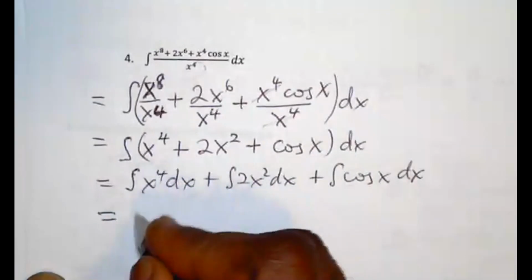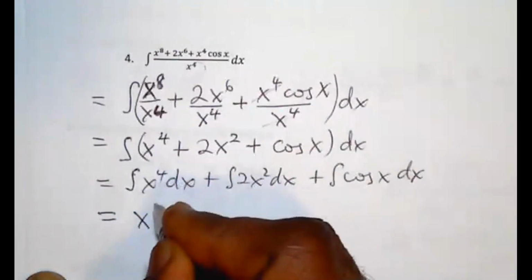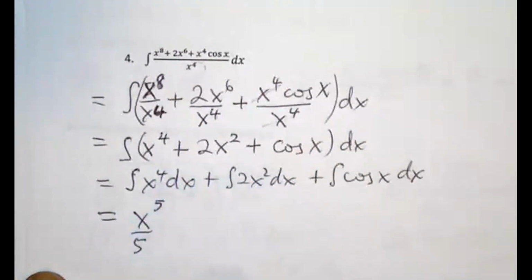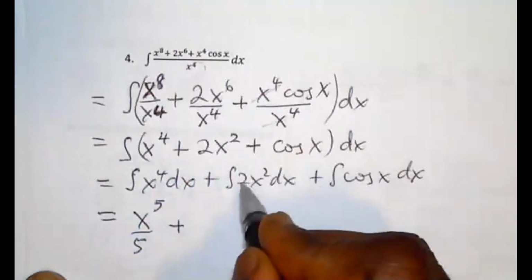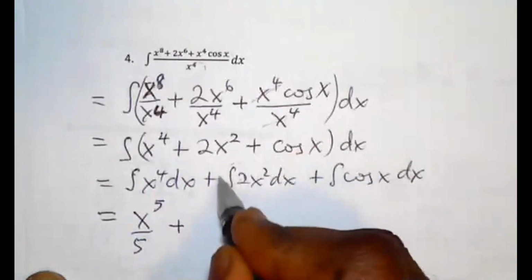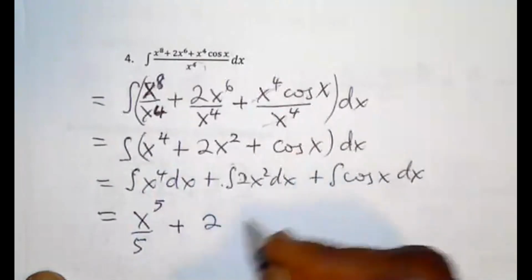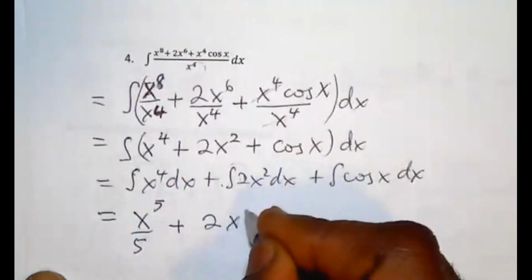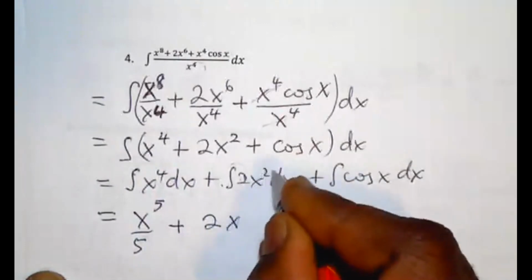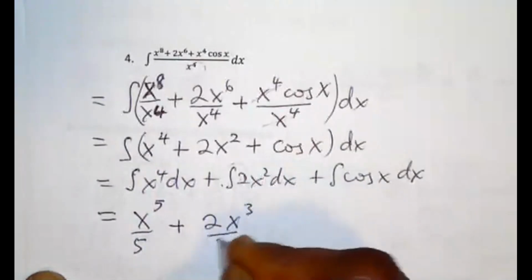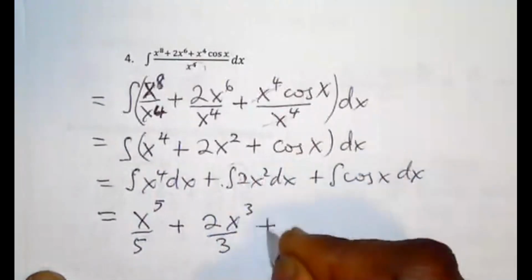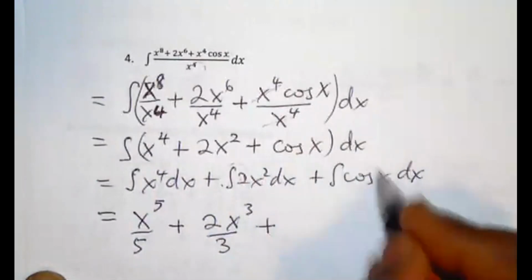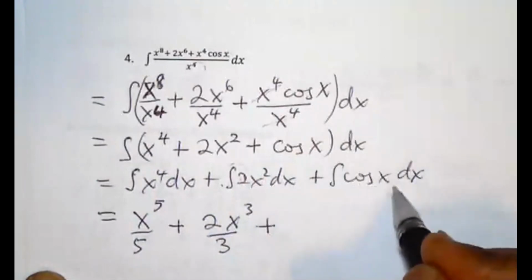This will give us anti-power rule. So we have 4 plus 1, which is 5, divided by the sum, which is 5, plus constant multiple 2, so that can come out of the integral. So I got 2 out, and then I have integral of x squared, which will be 2 plus 1, which is 3, divided by 3, plus what's the antiderivative of cos x?